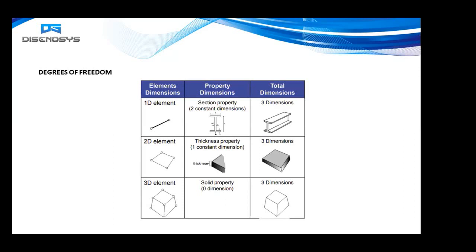Okay, so Arjun has asked one good question: why should we not mesh the aircraft with solid elements? The answer is that for the computation of the analysis, there is a formula: number of elements into degrees of freedom.